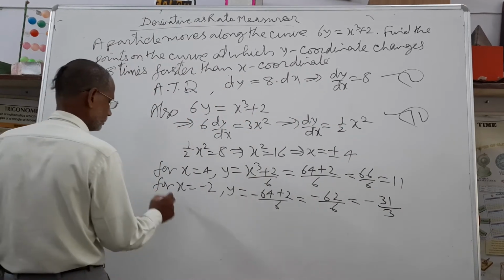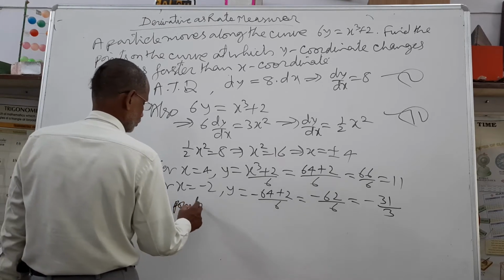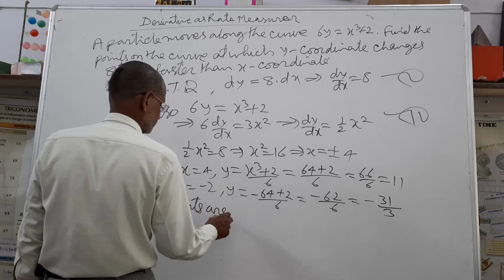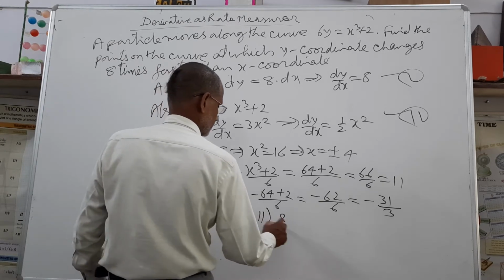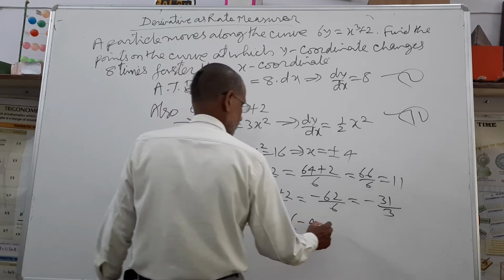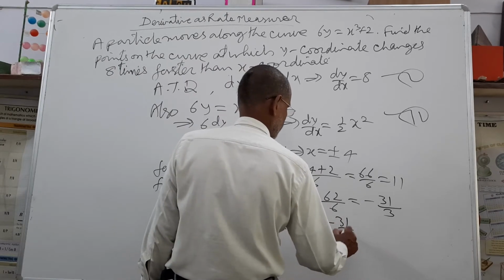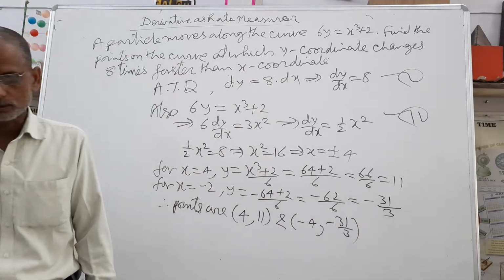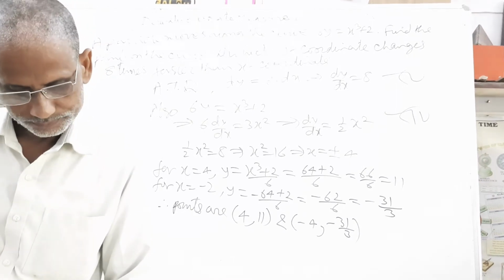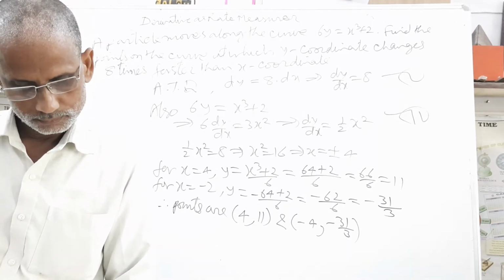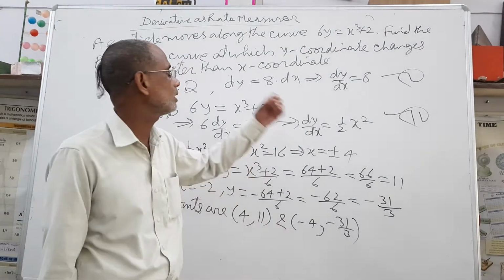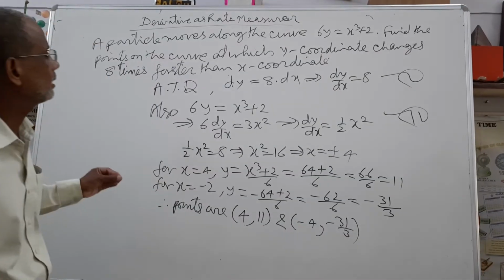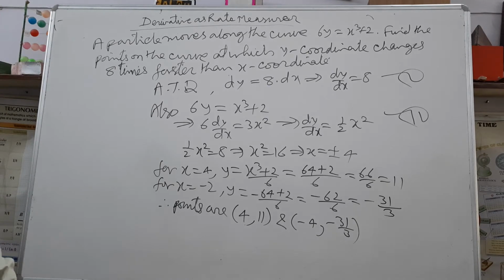So therefore points are 4, 11 and minus 4, minus 31 by 3. This is your answer. At these 2 points, y coordinate will change 8 times faster than x coordinate.